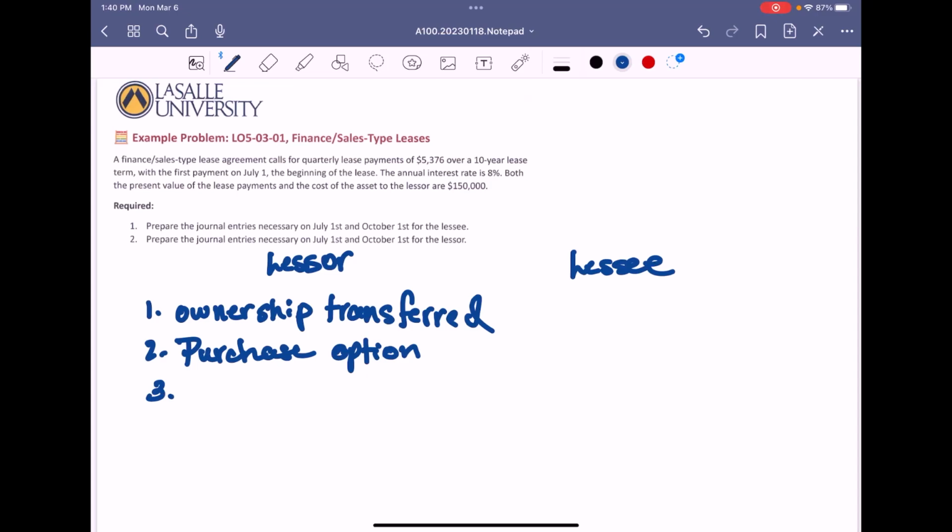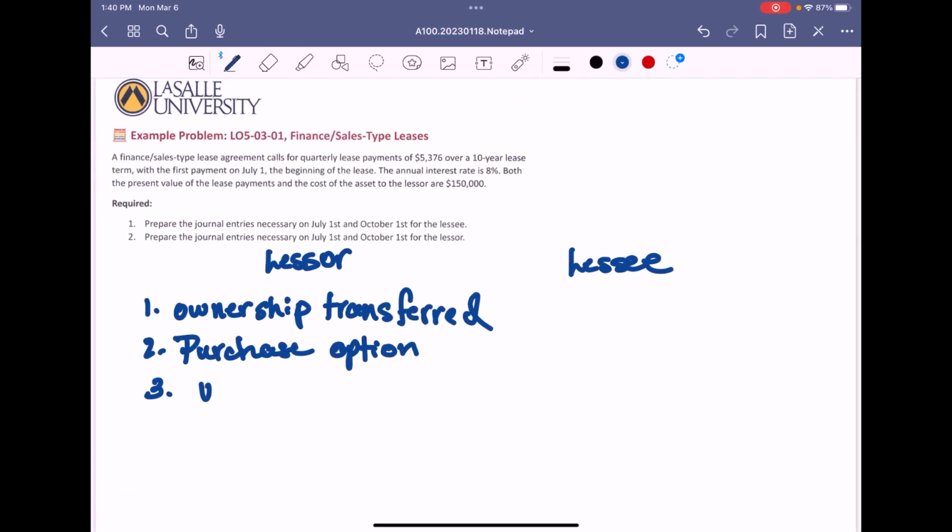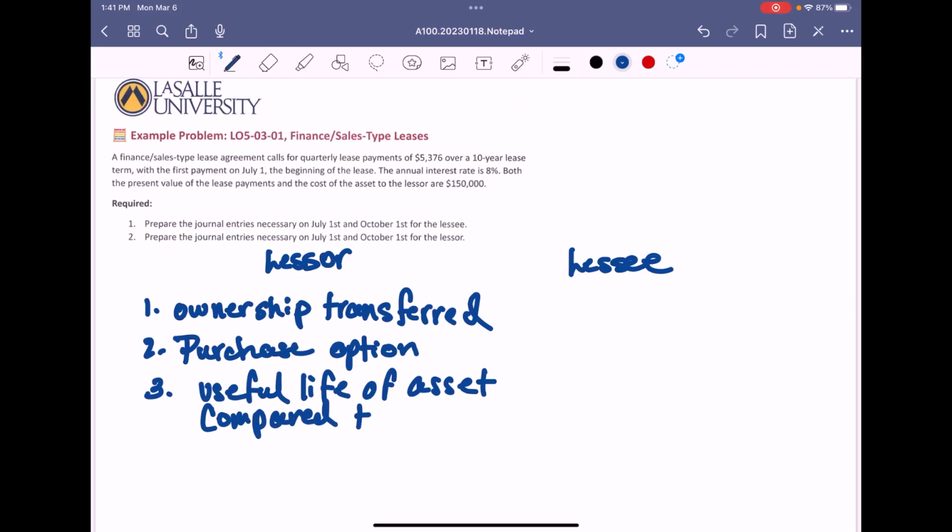Number 3, what is the useful life of the asset compared to the lease term? And if you remember, the rule that we used was if the lease term was 75% or more of the useful life of the asset, we in effect had a sale of an asset rather than a lease of an asset.